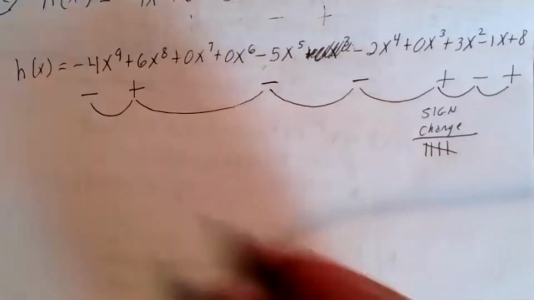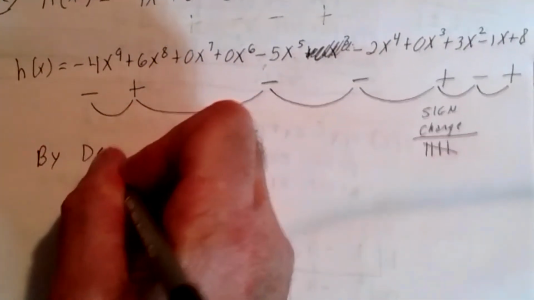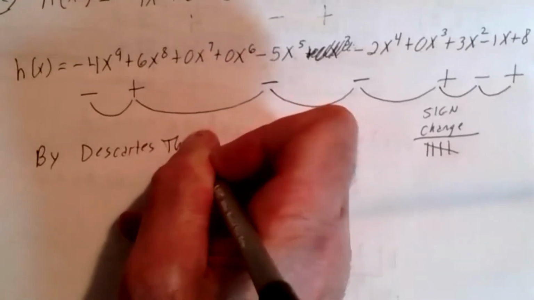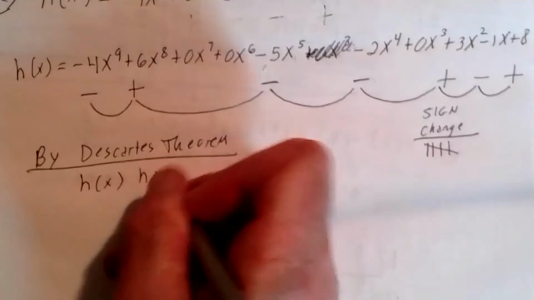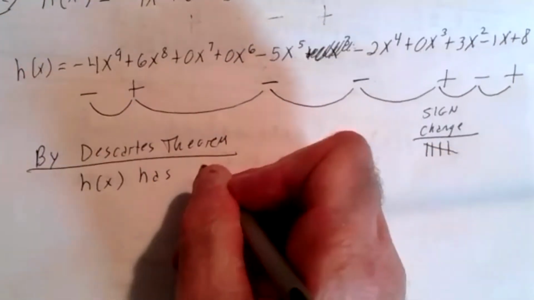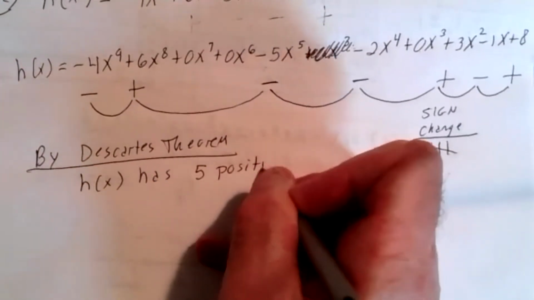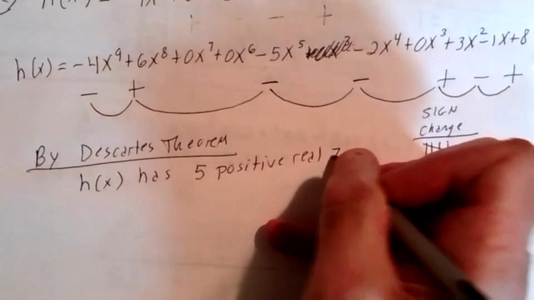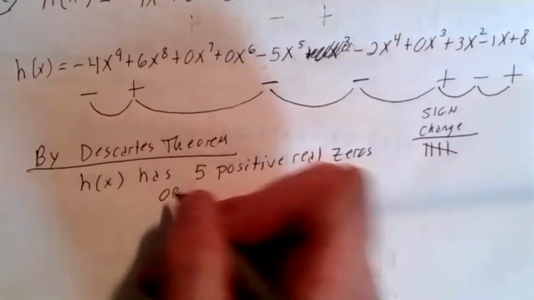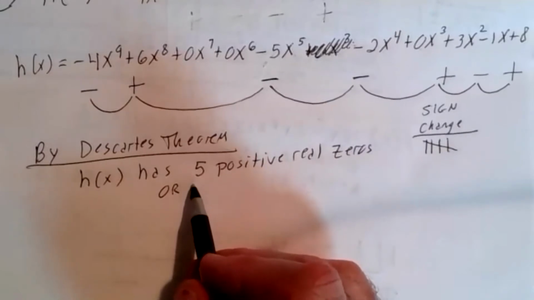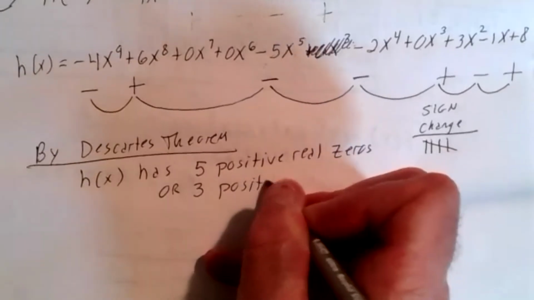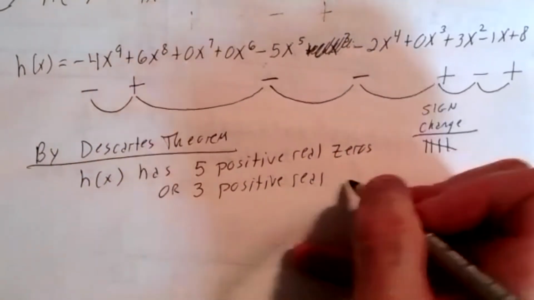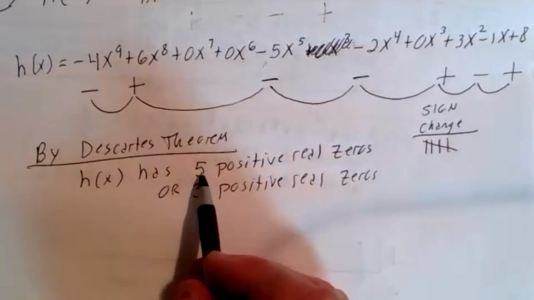Okay. So by Descartes' theorem, ladies and gentlemen, we would say that h of x has 5 positive real zeros, or could have 5 decreased by an even integer 2. 5 minus 2, or could have 3 positive real zeros, or could have 5 decreased by the next larger even integer, which is 4.